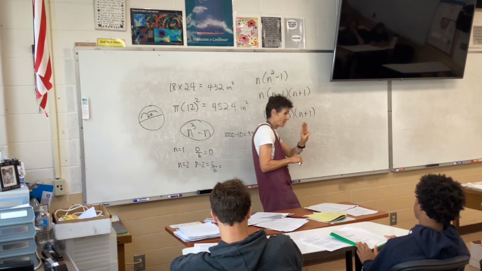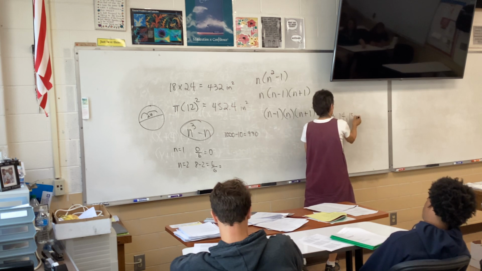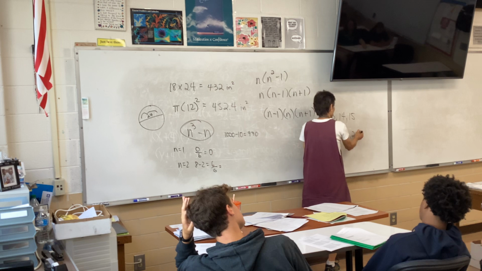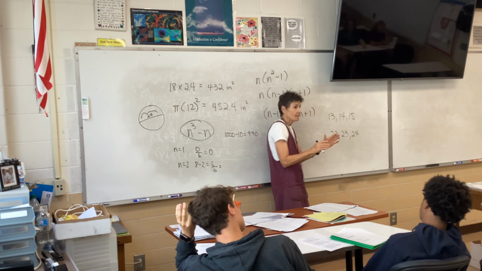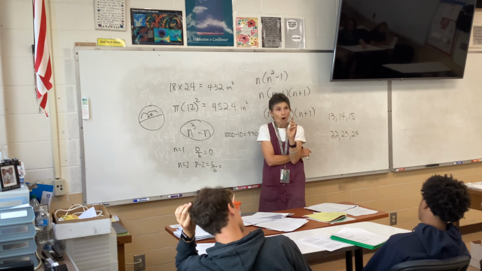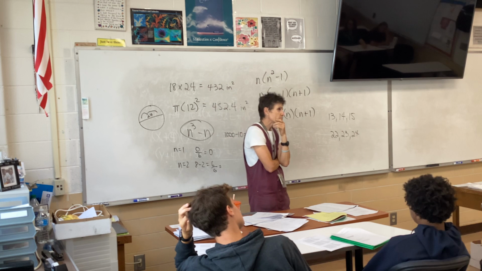I want you to think about that for a second. Like 13, 14, and 15, or 22, 23, 24, or whatever. If you have 3 consecutive numbers, aren't you guaranteed that at least one of them will be even? Yes.